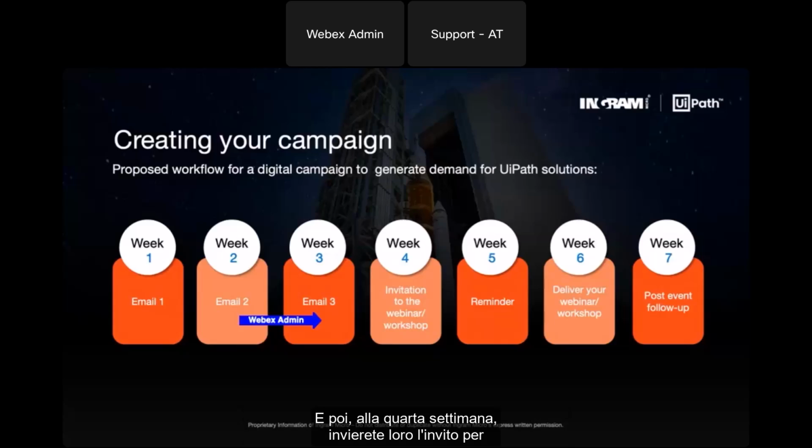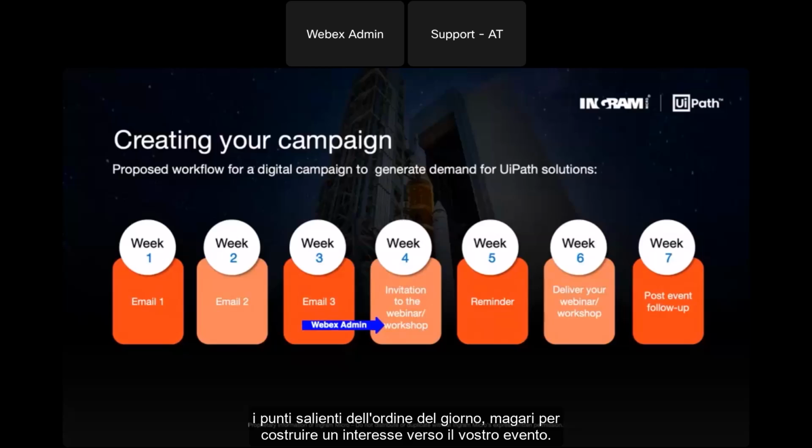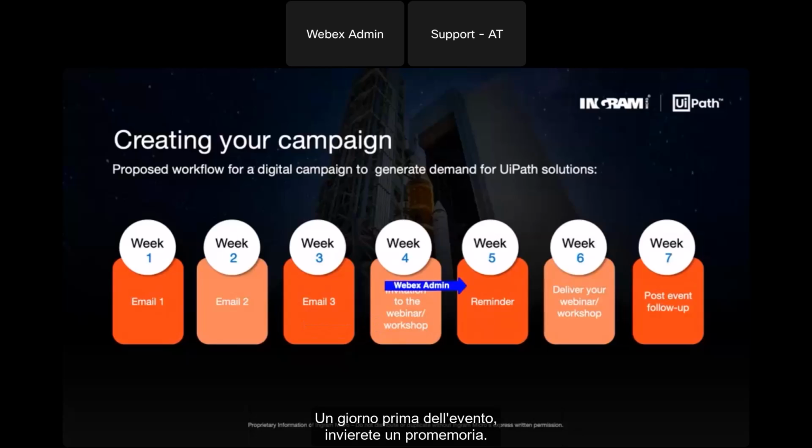And then on the week 4, you are going to send them the invitation to your webinar or to your workshop, right? To your online event. And of course, you're going to share all the details, the theme for the event, the highlights of the agenda, perhaps, right? To build that interest around your event. One day before the event, you're going to send that reminder.